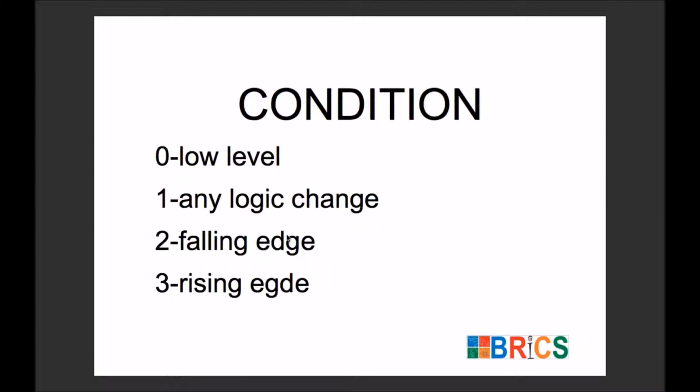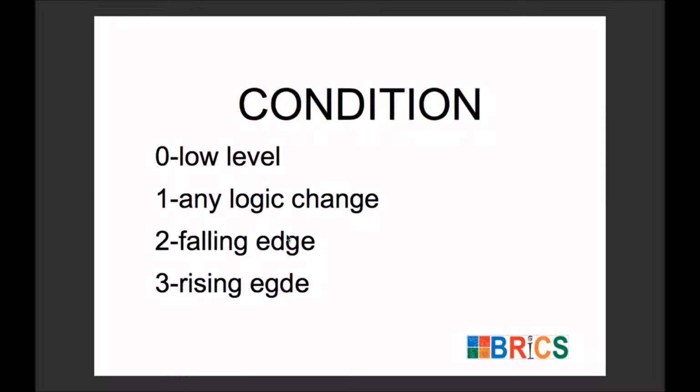Next is condition number 2, a falling edge. Whenever there will be a falling edge on that pin, pin number 16, INT0, meaning the pin will become 1 to 0, the ISR function will get executed only once.